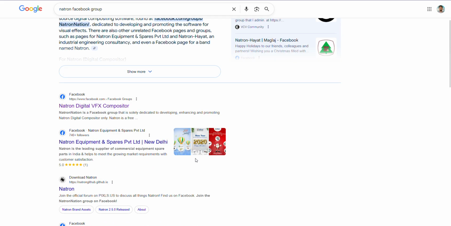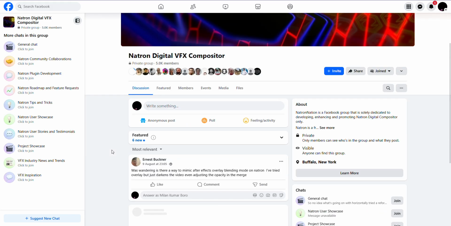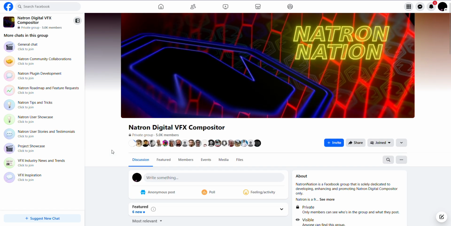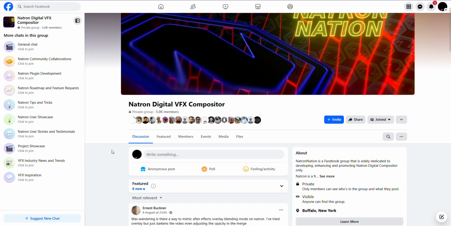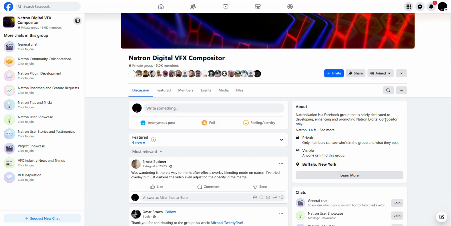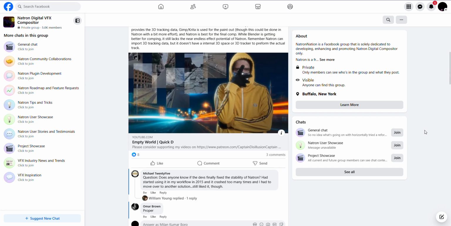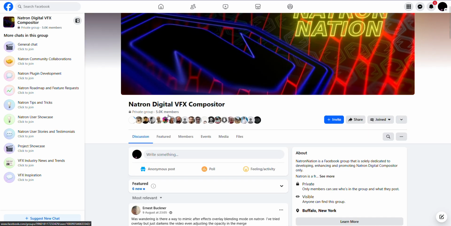So for Netron, which was a software, Netron Nation. Okay, I am still a member of this, it seems. Okay. So people are using this, and it just has 5,000 members because that's what basically you need to run a business. So it's an open source software.